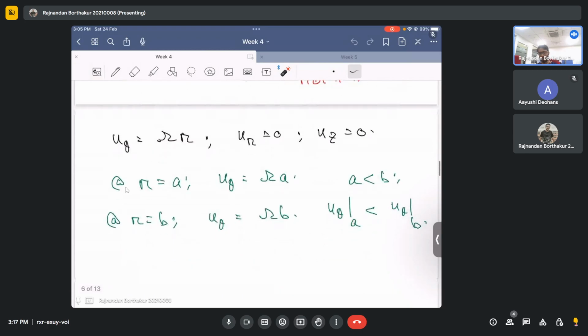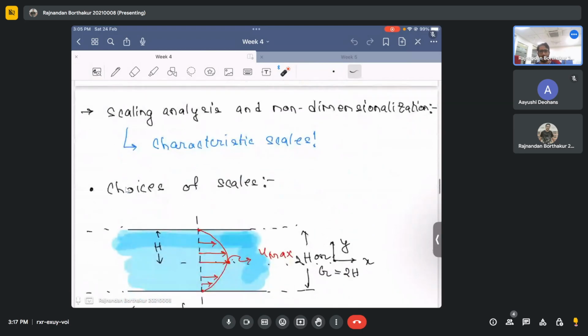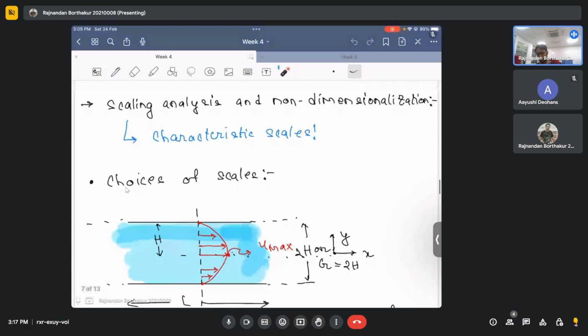All right, so this is something that we saw. Then we began by understanding an important aspect of solving problems in fluid mechanics, which is scaling analysis and choosing characteristic scales based on the various variables that we commonly witness.